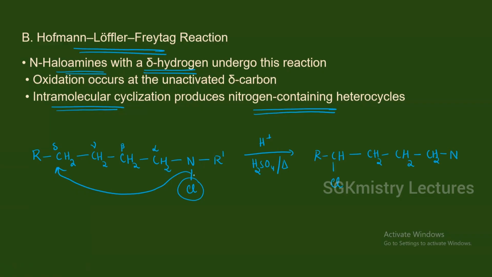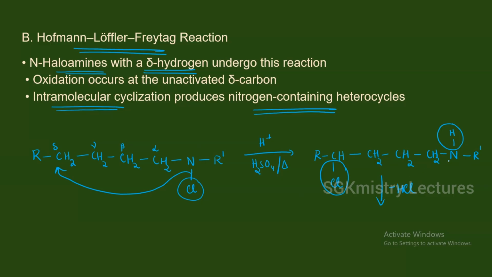Since the nitrogen has lost the chloro group, it becomes positively charged, and this will be neutralized with the H from the acid. Now you get R dash. Next, the cyclization takes place by the removal of this H and Cl, so HCl will be removed.